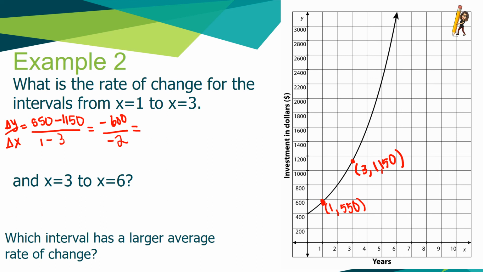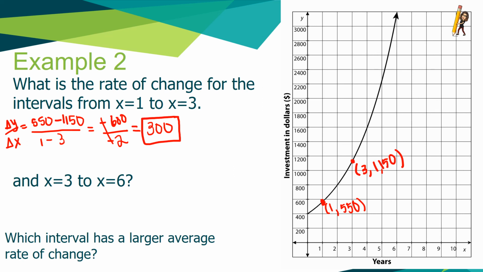Can we simplify 600 over 2? Yes, we can. Well, we know the negatives cancel, and 600 divided by 2 is equal to 300, which is my average rate of change between those 2 points on this graph. If we were to interpret that, we would say on average, investments in dollars increase about $300 every day. I think, nope, sorry, every year.